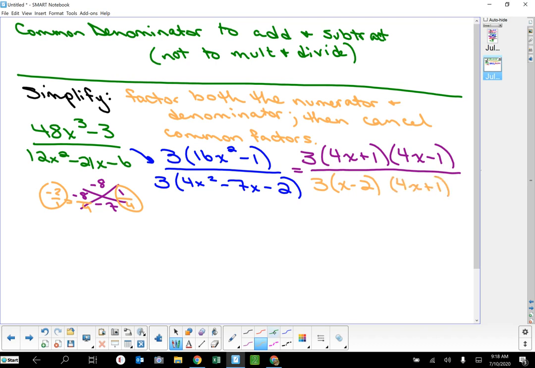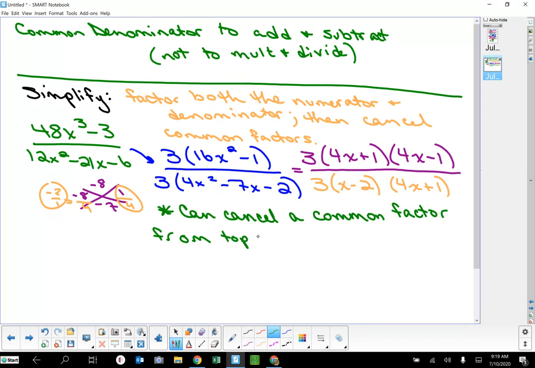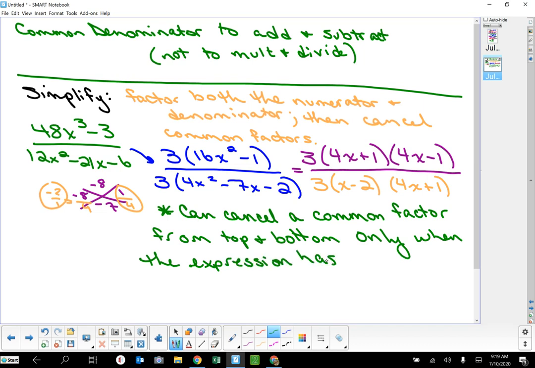Now remember, you can cancel a common factor from the top and bottom, numerator and denominator, only when the expression has been factored and is now a multiplication problem.